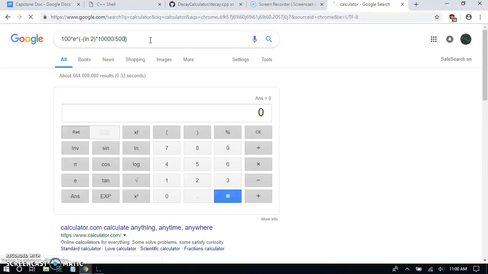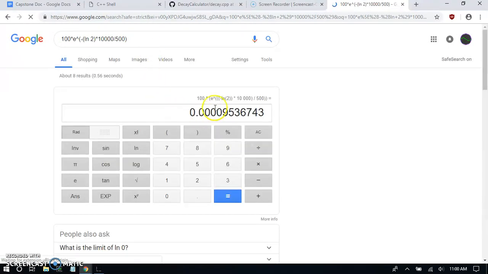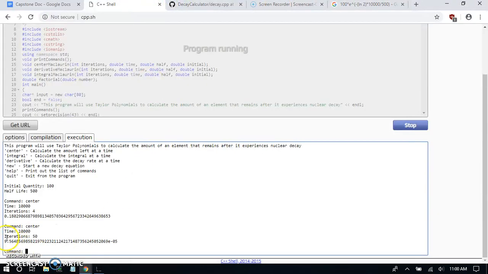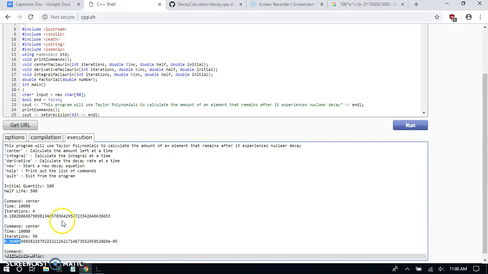So that should be, and we got 0.0009536743. Let's go back over to the shell, and that looks very similar to this if you look at the first two digits. And the further you carry this out, the more accurate it will become.